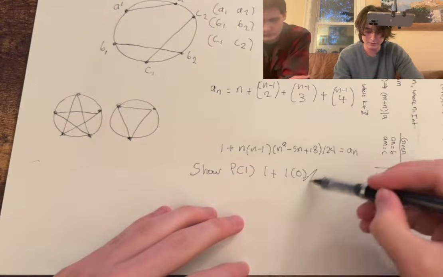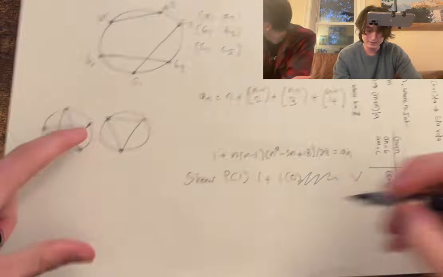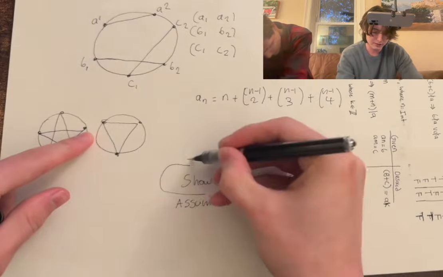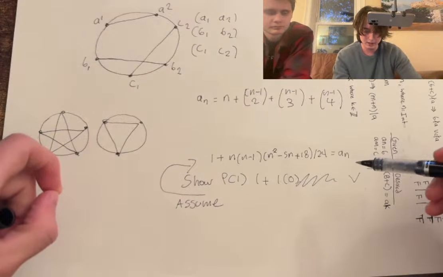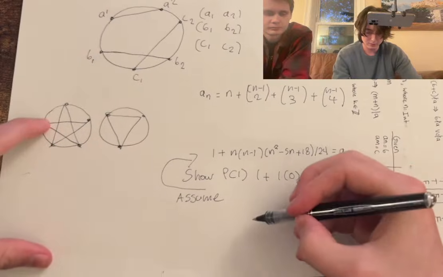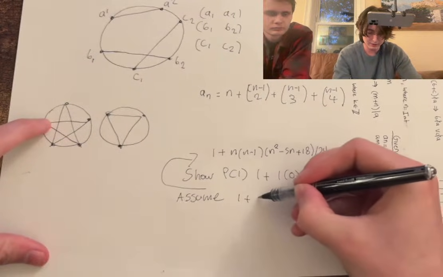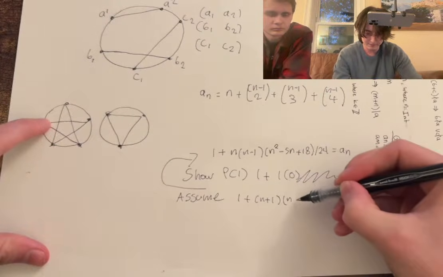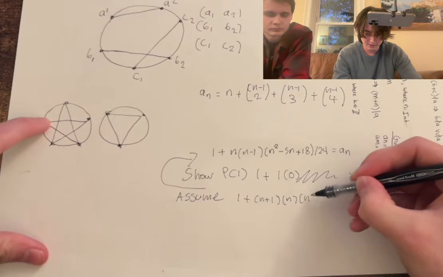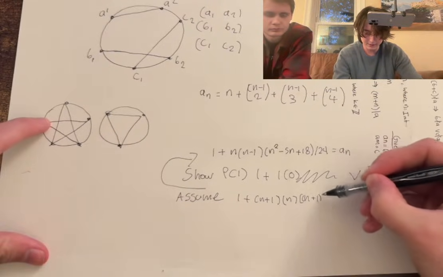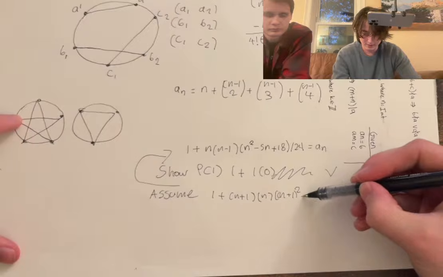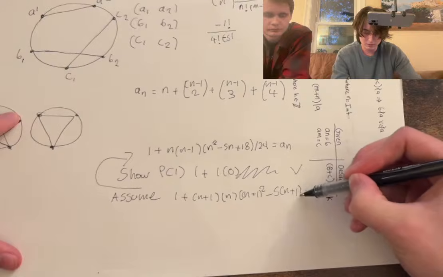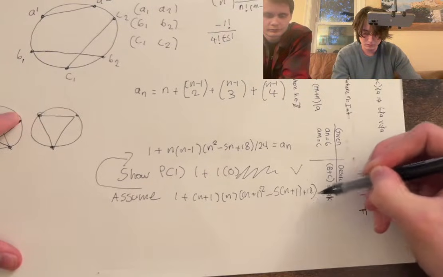Rest of the stuff is destroyed. Okay, that's good. And now assume that. And now we want to show that that implies plugging in n plus 1, which is going to be a nasty, like 1 plus n plus 1 times... those will cancel, so n times n plus 1. Oh my god, this is going to be bad. Squared minus 5 times n plus 1 plus 18 over 24.